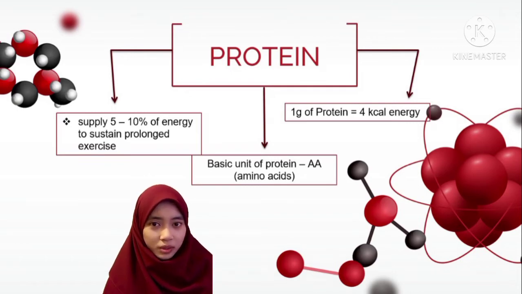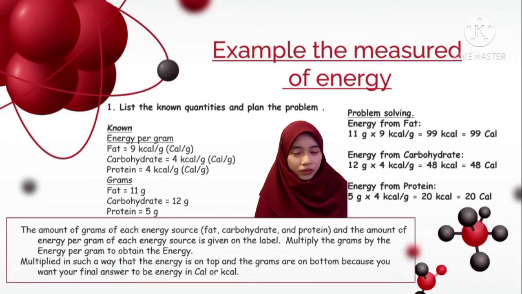The basic unit of protein is AA, which is amino acid. Here is a simple example of a measure of energy. As we can see, to get the answer of energy from fat, carbohydrate, and protein, we should multiply the grams with energy per gram.